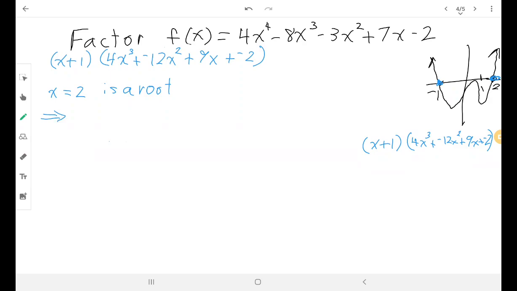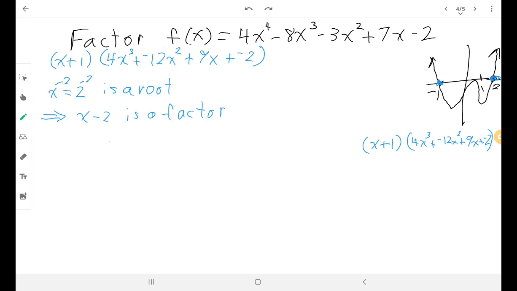Then that means that if I solve it for 0, x minus 2 is a factor. And now I can do the long division with x minus 2 with this shorter one. And so it'll be a shorter long division problem. So let's do that long division problem.